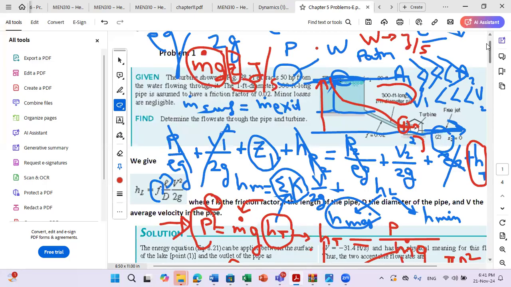So if they want us to determine the electrical power extracted, they should give us the efficiency of the turbine and the alternator system. You have an overall system to convert from turbine extracted energy to electrical energy.